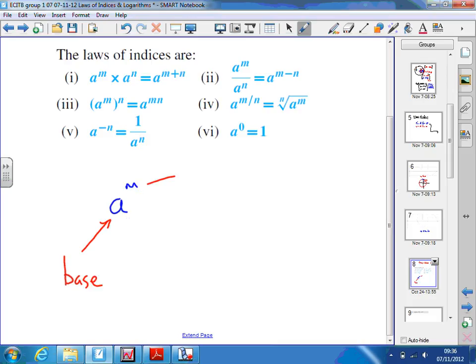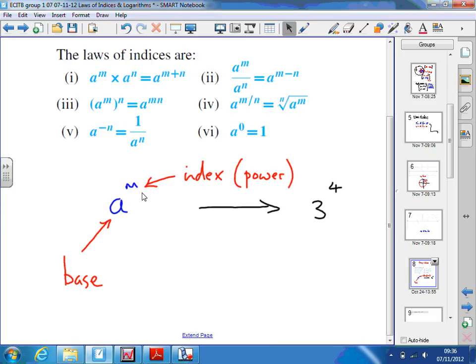And M is the index, which is why it's called the laws of indices, or power. You're perhaps more used to seeing it written as a power. So, for example, 3 to the power 4. 3 is the base, 4 is the power or index.